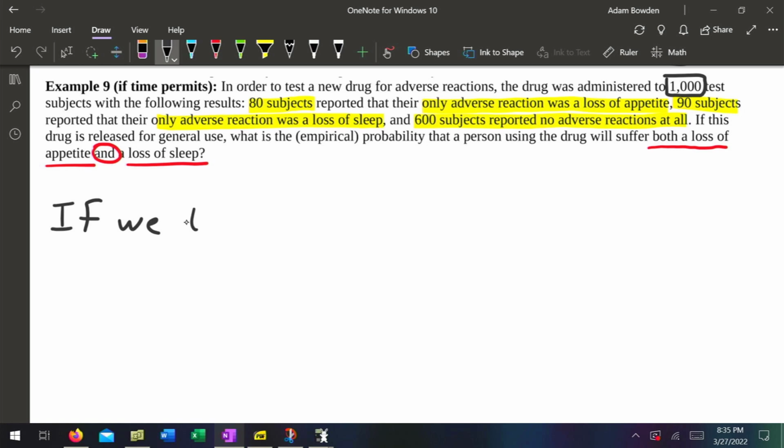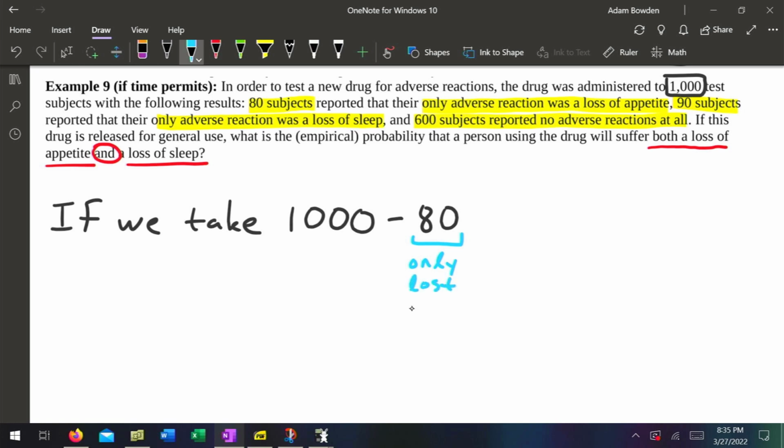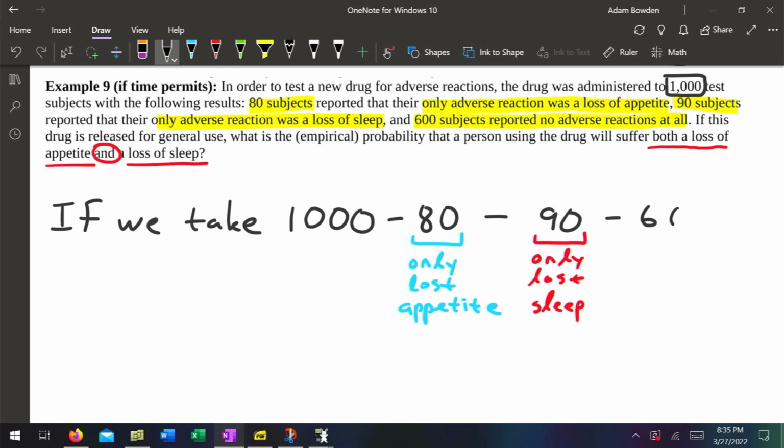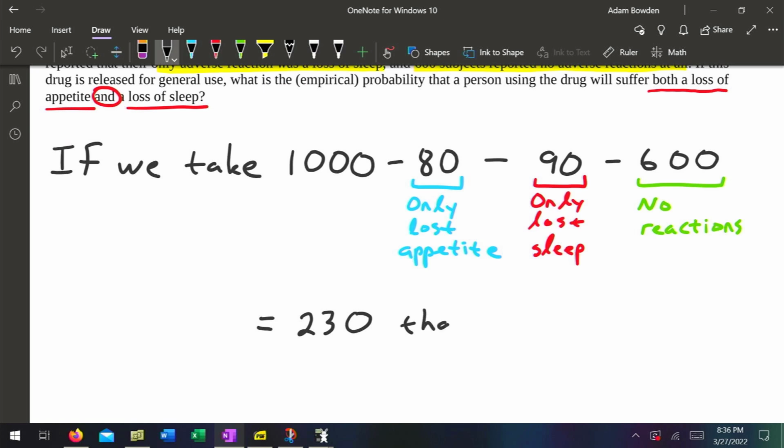If we take 1,000, subtracting away the 80 that only had a loss of appetite, and subtracting the 90 for those who only lost sleep, and we take away the 600 that had no reactions whatsoever, then what would be left over is equal to 230 that had both loss of sleep and loss of appetite.